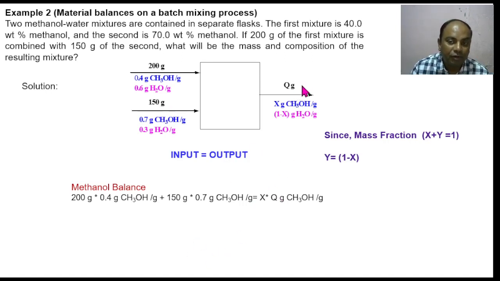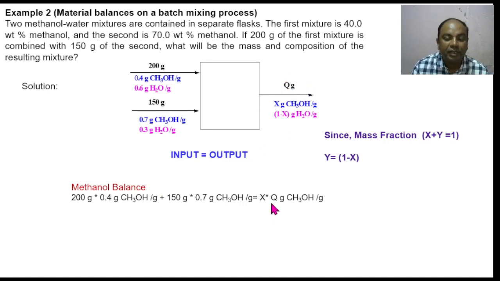So initially, through the total mass balance, we calculated the value of Q. In Q, the resulting mixture, we want to identify the concentration of methanol present. We know only Q, but we don't know the fraction or composition of methanol in the resulting mixture.